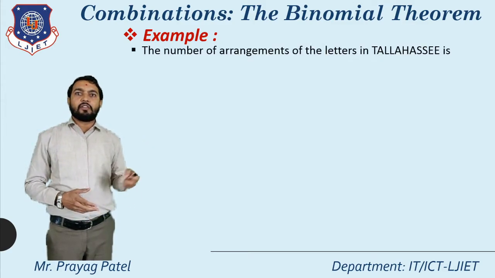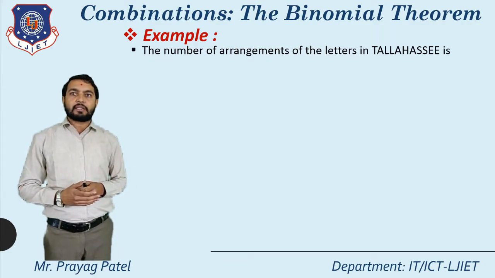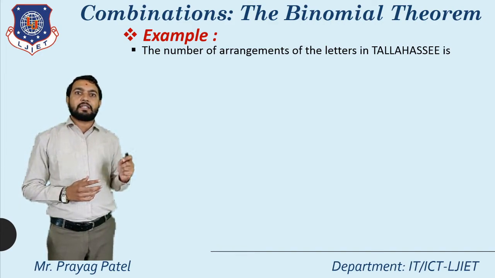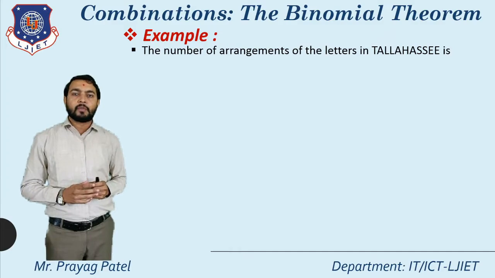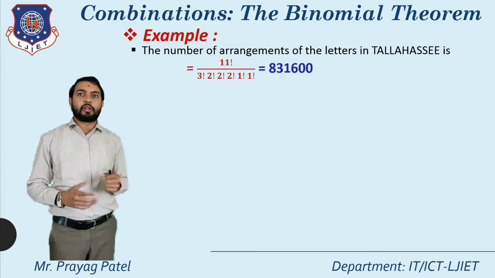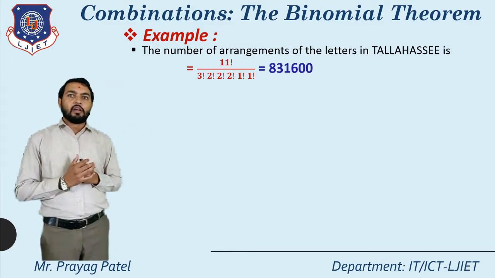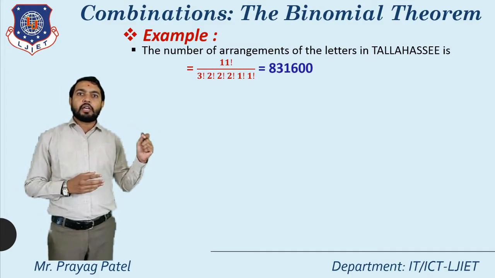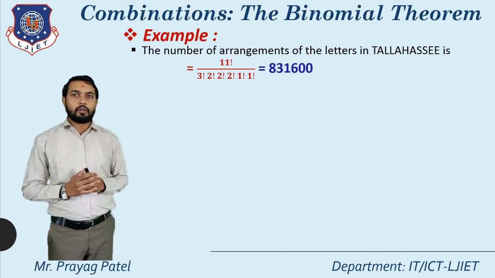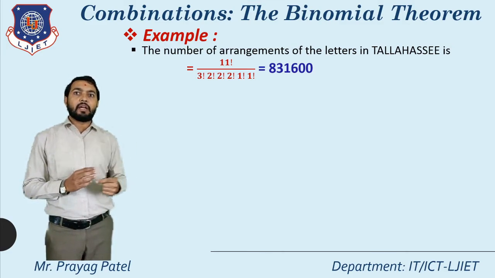So consider one example of combination: the number of arrangements of the letters T A L L A H A S S E E. This is the given set of letters. Now for these letters, how many different arrangements are possible? For that we use the formula. Here 11 different characters are available, so 11 factorial divided by the repeated elements in this sequence.